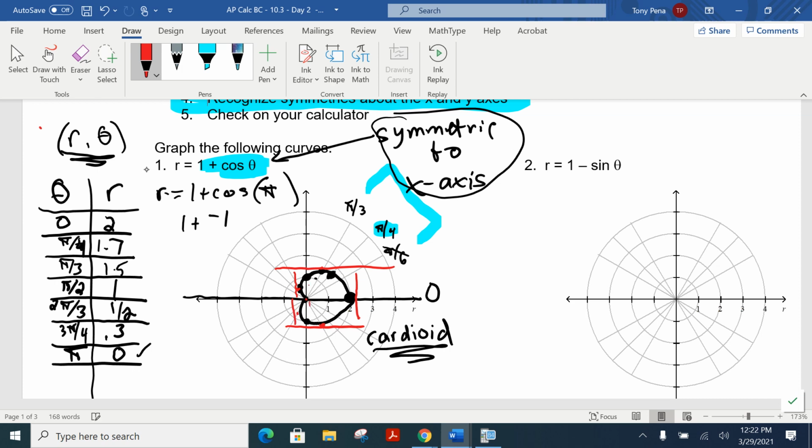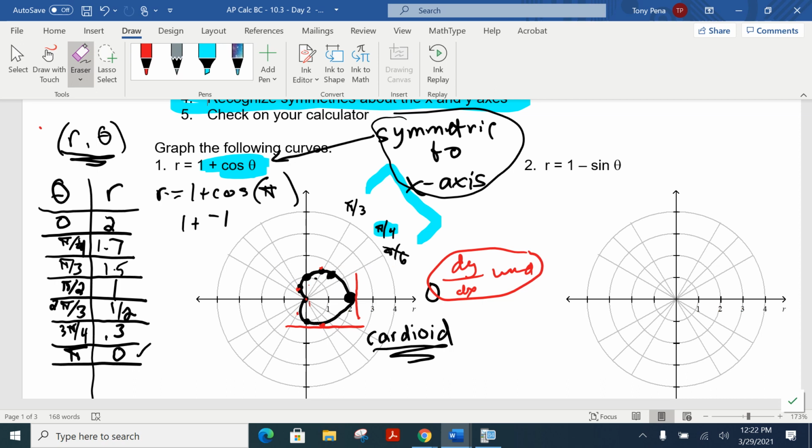At this point here, you have either a vertical tangent or a sharp corner, depending on how everything plays out. So there's a lot of different places where, if you remember, if we have a vertical tangent, remember how we would talk about our derivative is undefined? Really common question with these, because in this case, there's a lot of places where your derivative is going to end up being undefined. All right. And hopefully we get to that problem today. If not, we'll get to it tomorrow. So it doesn't necessarily need to be something you need to put on this graph, but something we want to see when we do these.